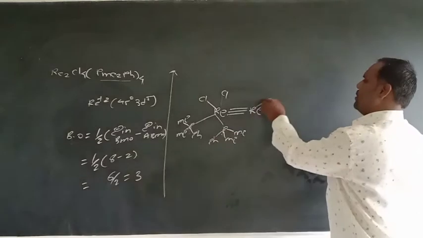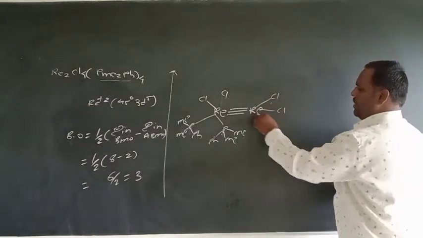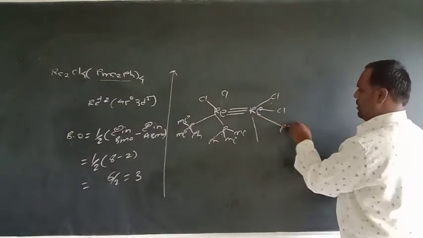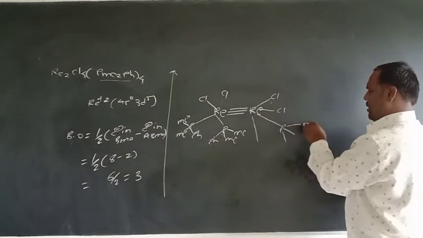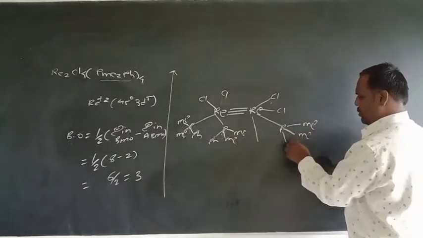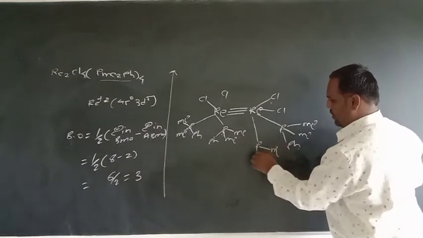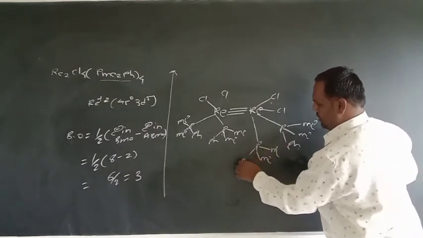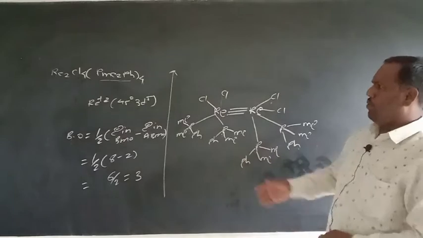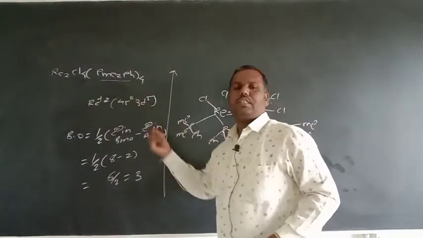Similarly here also Cl, and this P(Me)2H group is attached, and also another P(Me)2H group is attached. So for this complex the bond order is equal to 3.